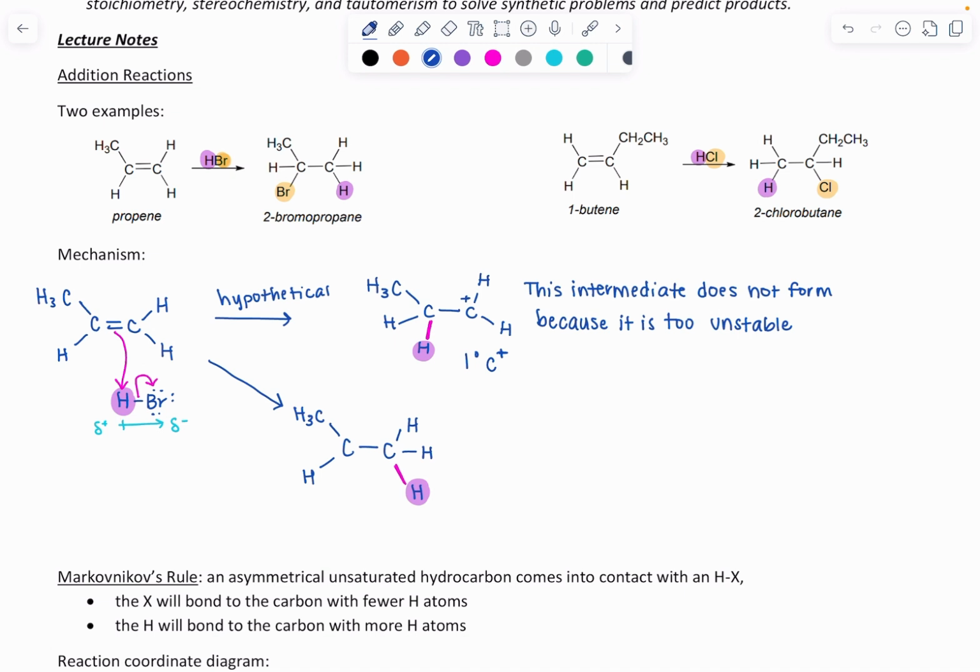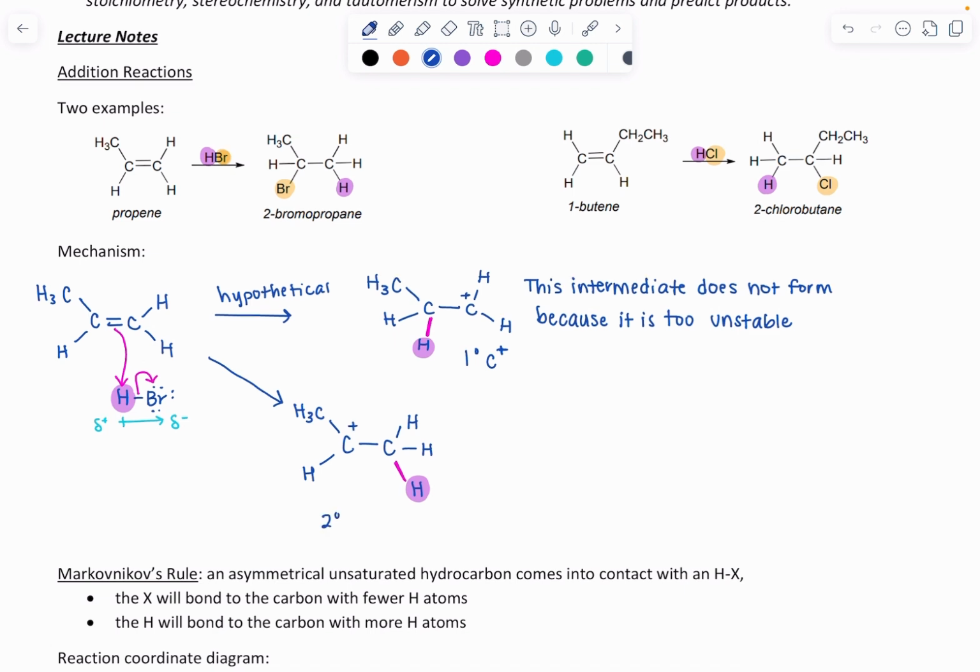That makes carbon on the left a carbocation, but this is secondary. So of our two options, this is what's most likely to form. So I'm actually going to cross this one out. Don't need to even draw it. This is just to understand Markovnikov's rule, which we'll talk about once we finish this reaction.